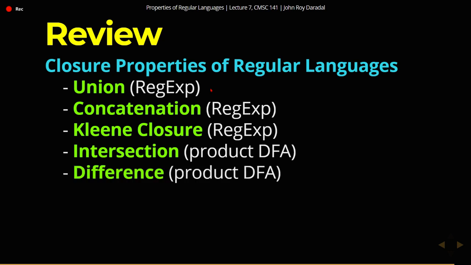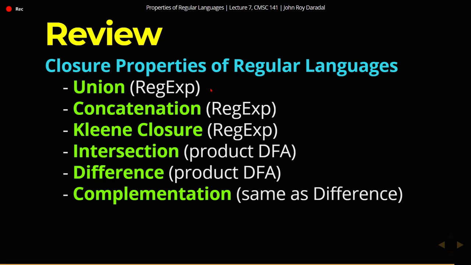Then for difference, product DFA's final states are those that are accepted in the first DFA but not in the second. Then for complementation, we just piggyback on the proof of difference because we can just express complementation as a difference.